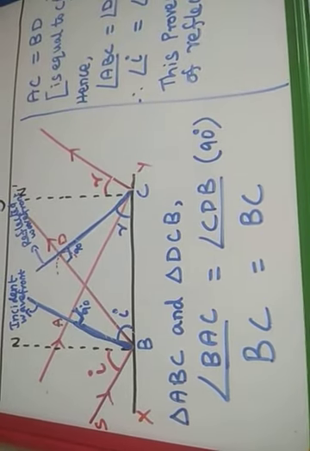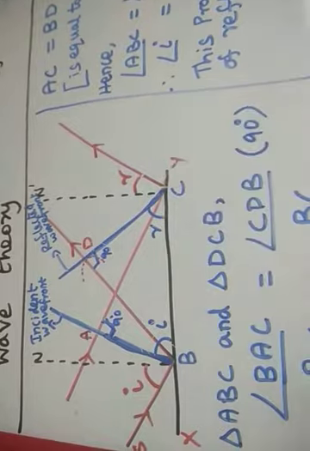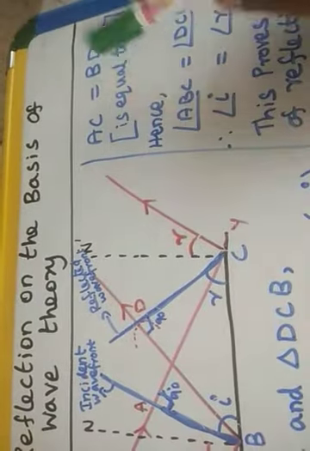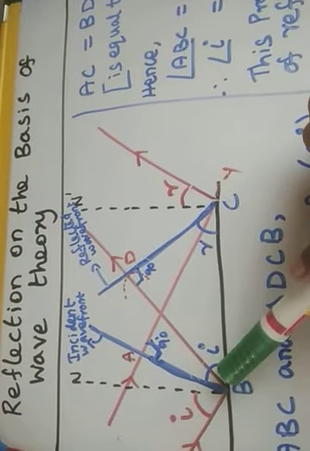For both triangles the base is the same. Then AC is equal to BD. How? This is BD, this is AC.